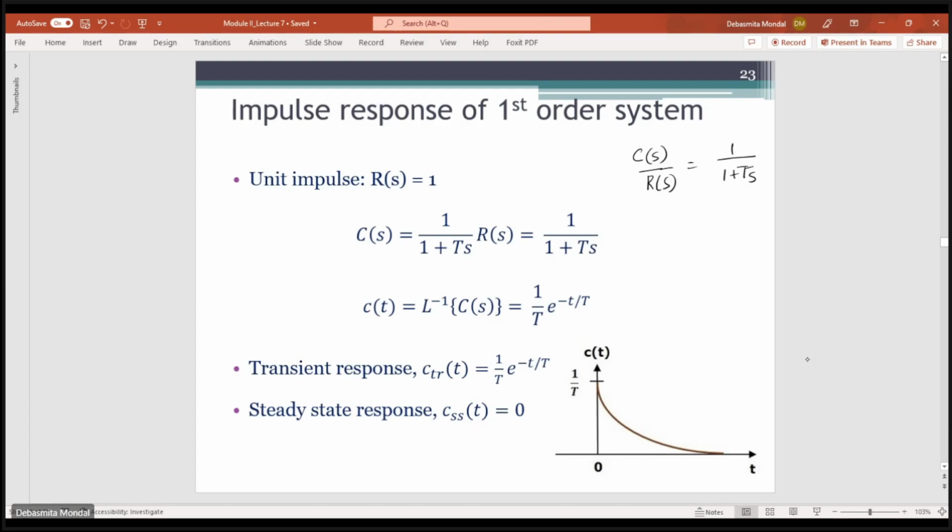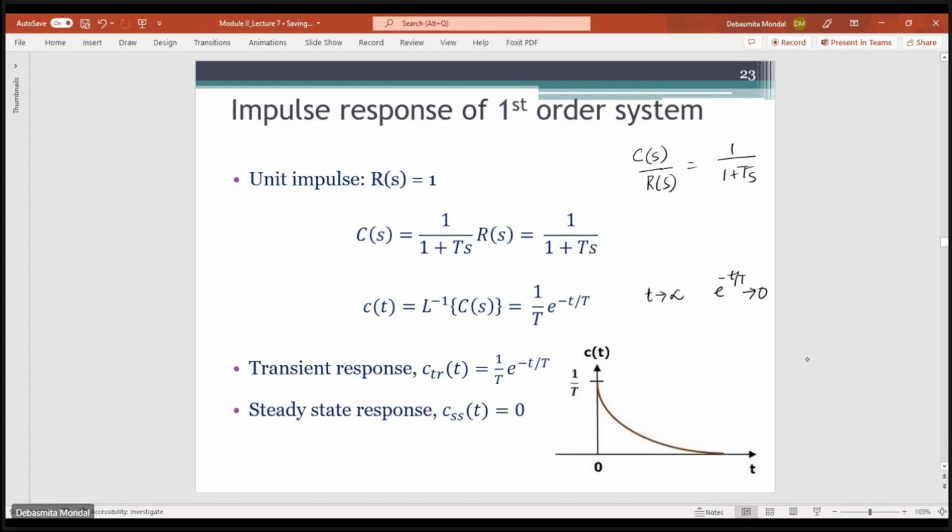If you draw this response, you will see that it is an exponentially decaying signal. As t tends to infinity, the value of e to the power minus t by T tends to 0.